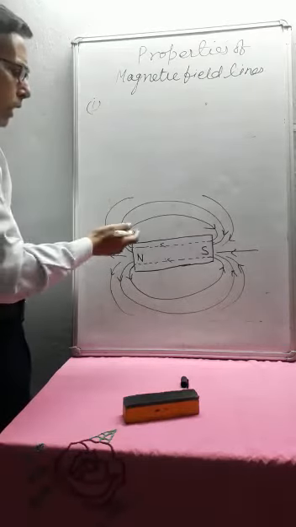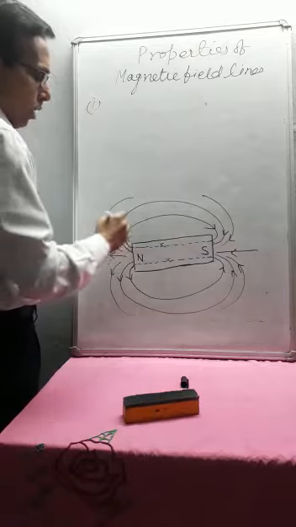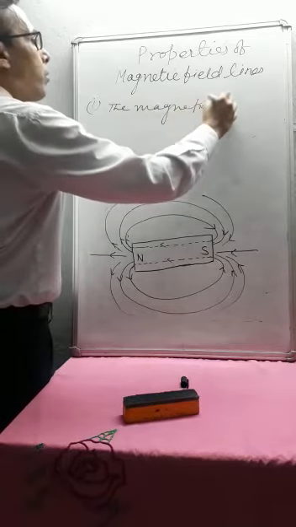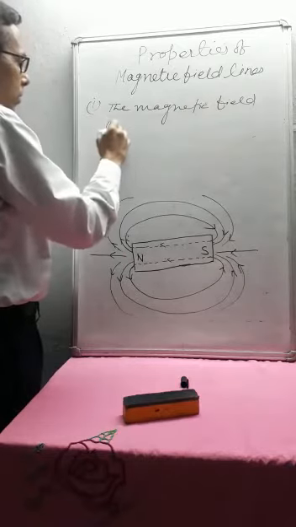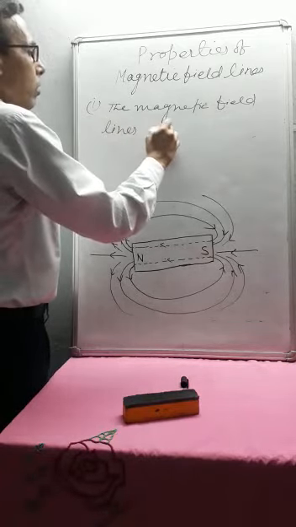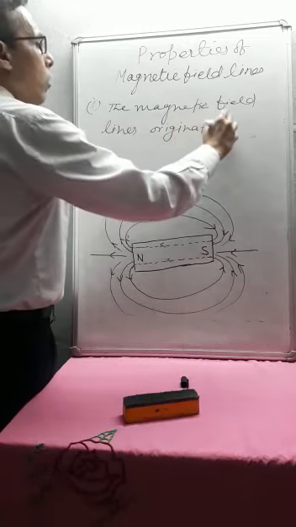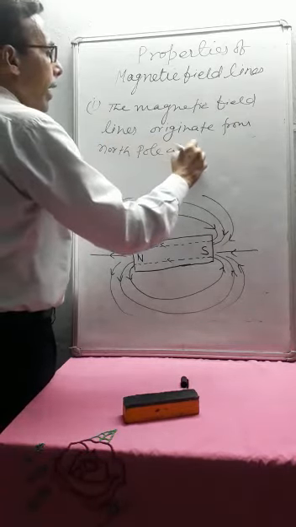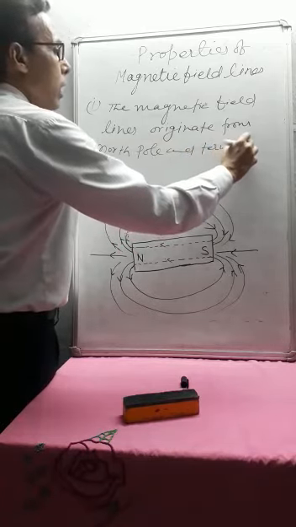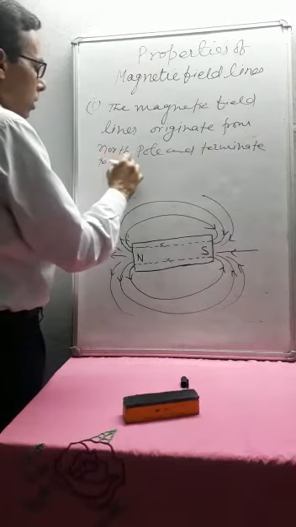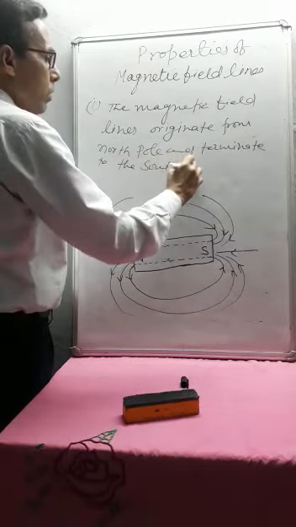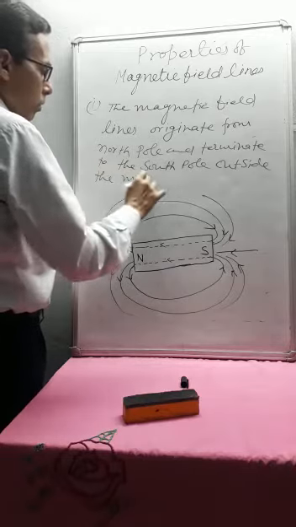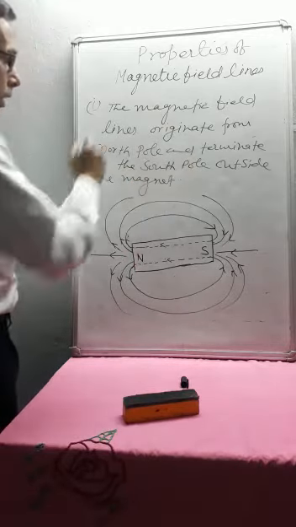First point, as we see here, magnetic field lines originate from the North Pole and terminate at the South Pole outside the magnet. This is the first point.